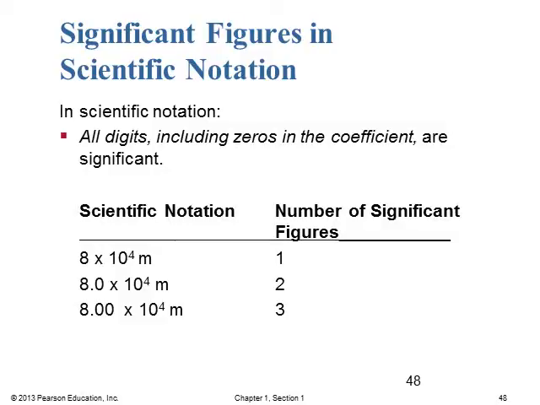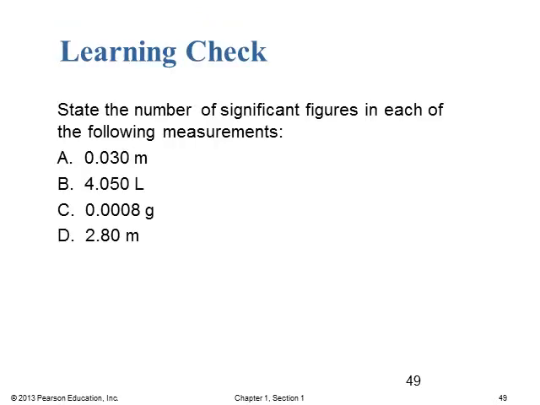Any 0 after a decimal point is going to be significant as long as it's following a non-zero number. And in much the same way, the third case, 8.00, those zeros are following a non-zero number after a decimal point, so they are significant. So that is 3 significant figures. Alright, so quick learning check is determining the number of significant figures in each of these values or measurements.